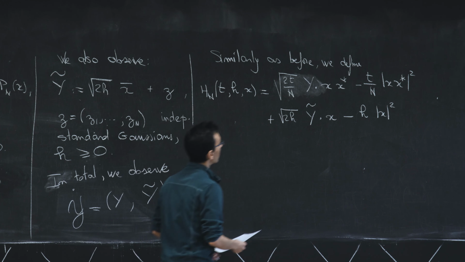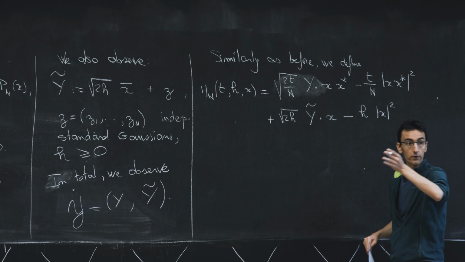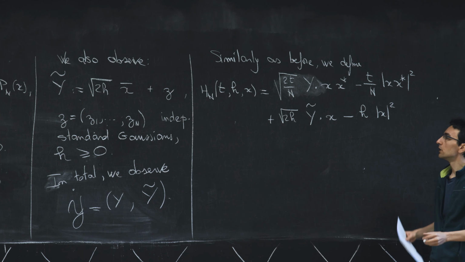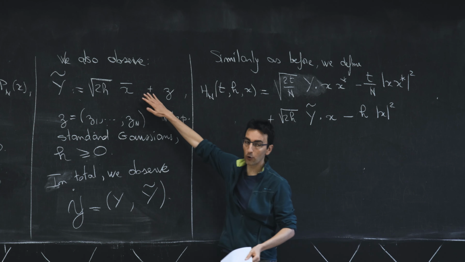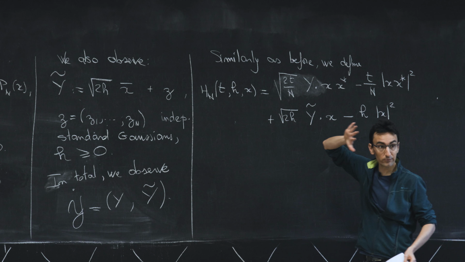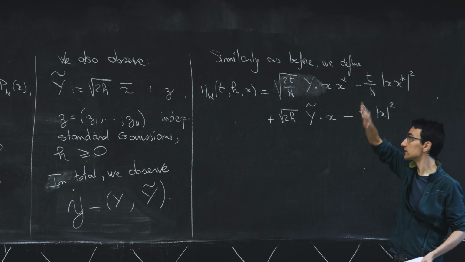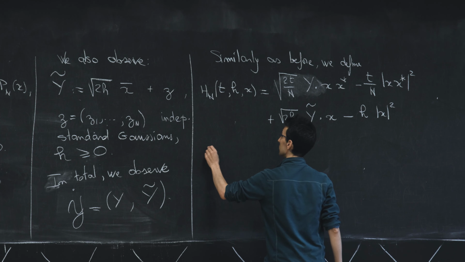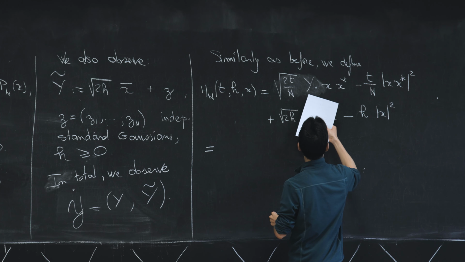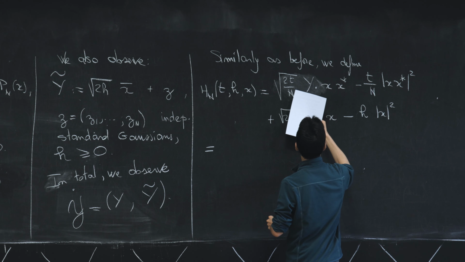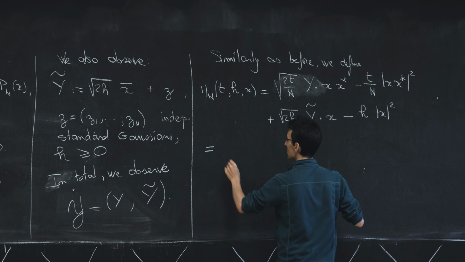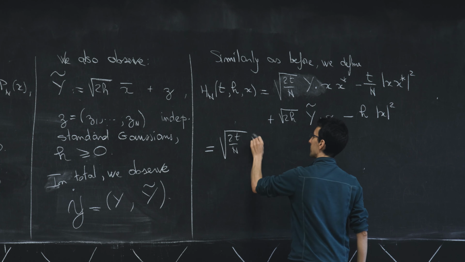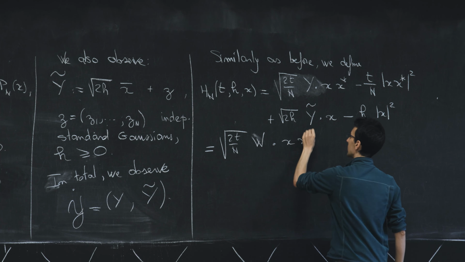So perhaps you remember that y is the sum of square root of 2t over n, x bar transpose plus w. And y tilde, you have the definition on the board. If I really want to make things very explicit in terms of this original randomness, I can write the full formula, so maybe I'll do it. So square root of 2t over n, w dot xx transpose.